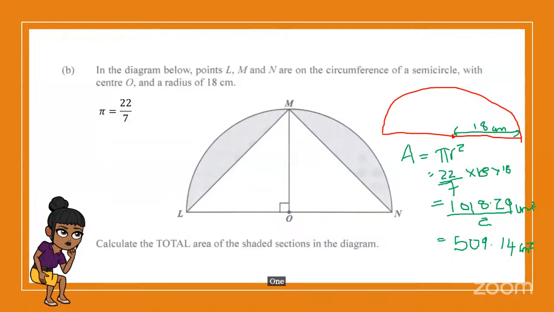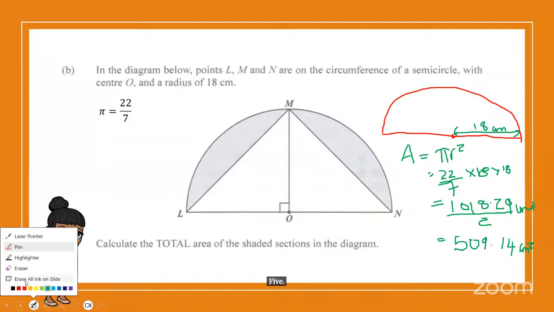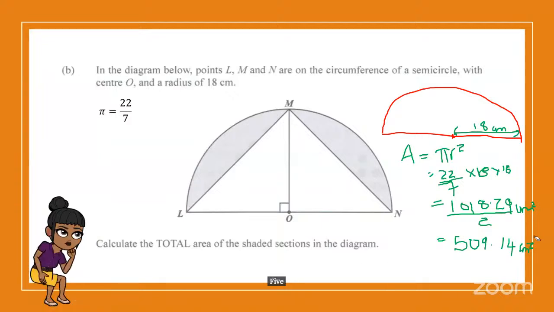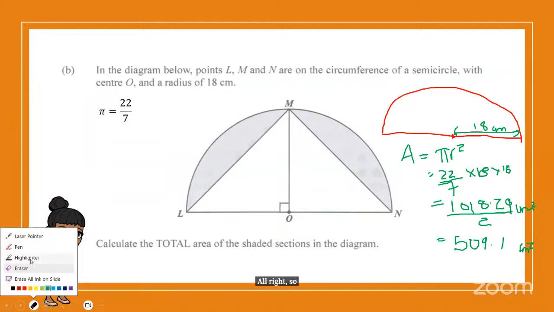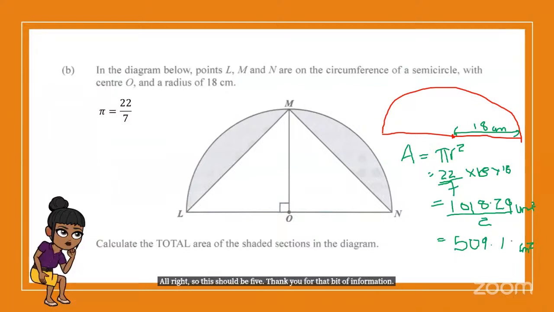What comes after the 4? 5. 5 comes after the 4. Yes, miss. All right, so this should be 5. Thank you for that bit of information. So now we have the area of the semicircle. It's 509.15 square centimeters. Now we need to find the area of the triangle.